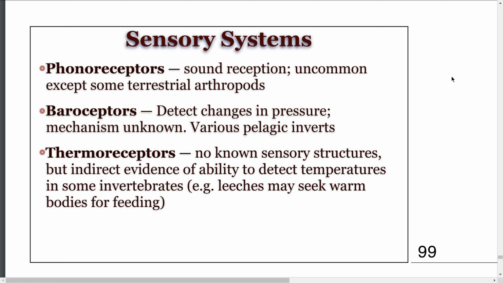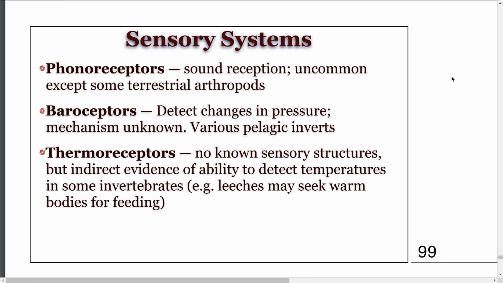They can also sometimes detect changes in pressure that might help detect particular kinds of ocean currents and weather changes and things like that. For the most part, we don't know. Experimental studies show that organisms respond to changes in pressure, so they can detect it, but we don't actually know how they do that. We haven't identified the receptors responsible yet.